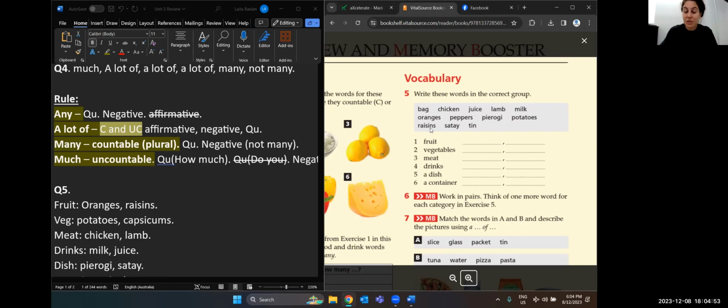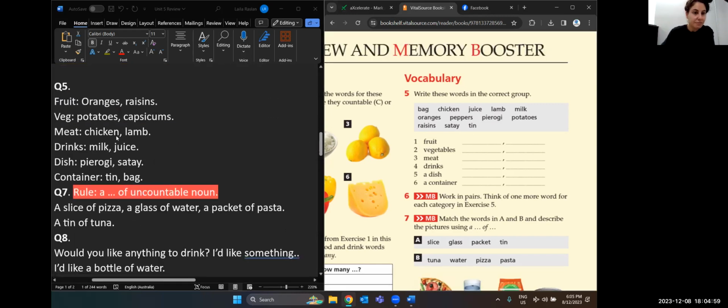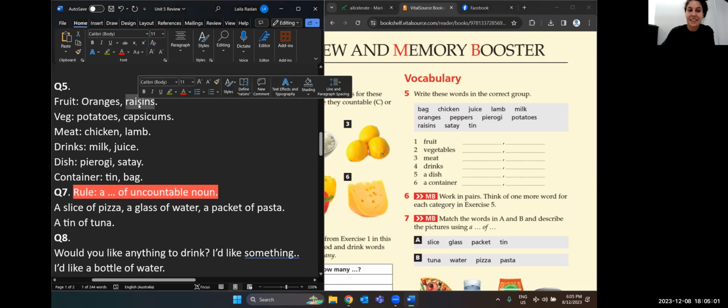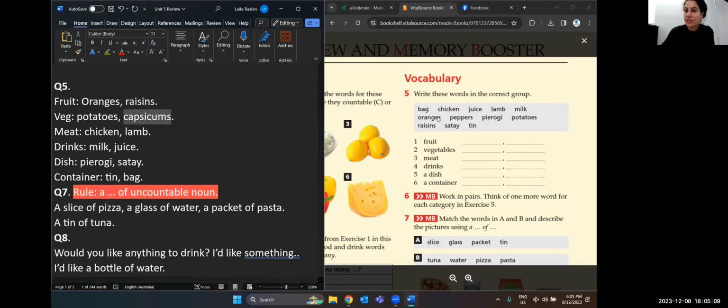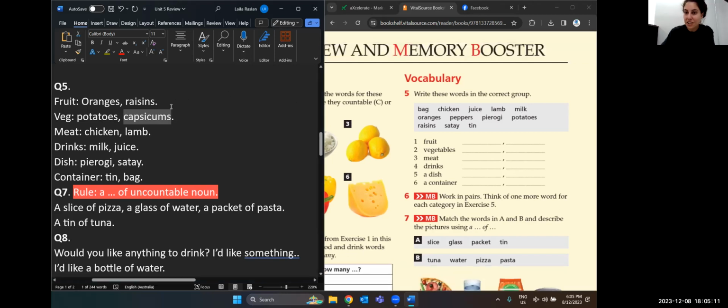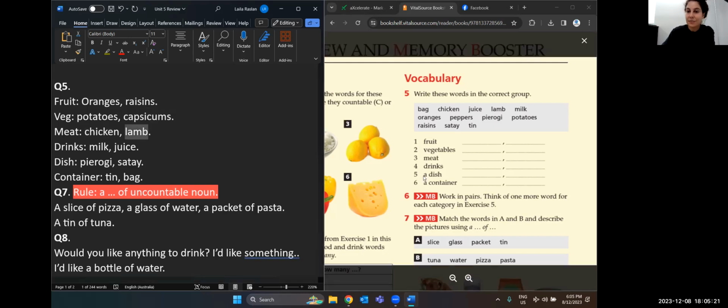Remember, we also say sultanas, satay, and tin. Now, which one's a fruit? Oranges and raisins. Which one are vegetables? Potatoes, capsicums. We don't say peppers in Australia. That's why I changed it to capsicums. Remember, you have red capsicum, green capsicum, yellow capsicum. Which ones are meat? Chicken and lamb.